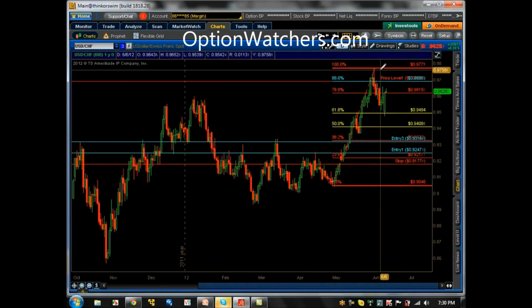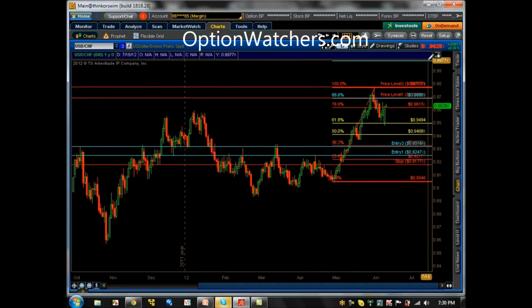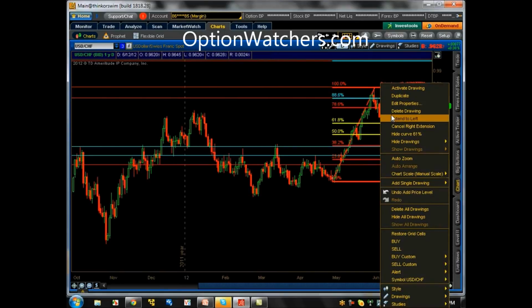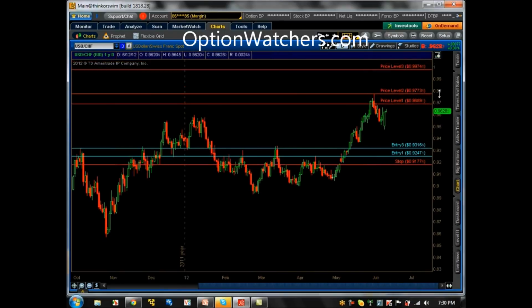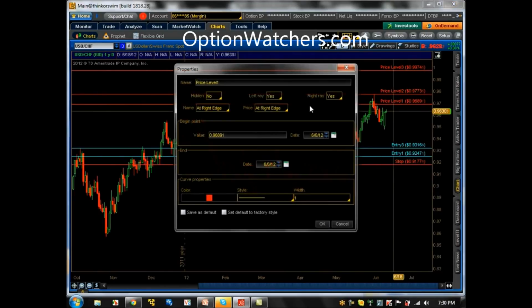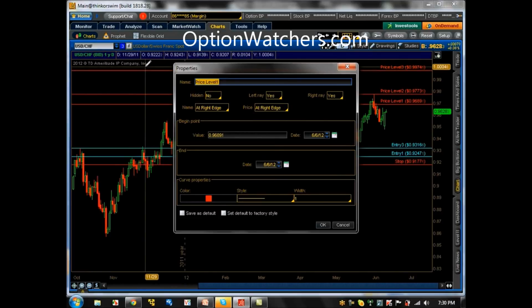Agreed? Okay. Then it could come to here. Now, I've done this, right? Now watch what I'm going to do. Just going to color code these. So this is my first target level.